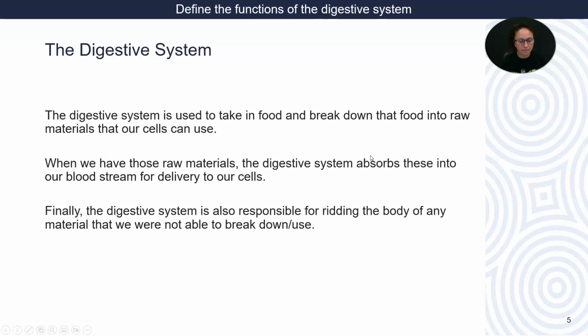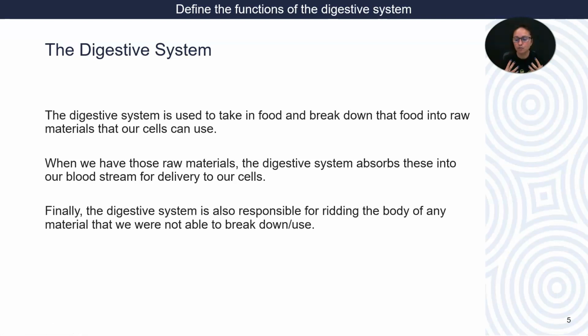Okay. Right, so let's have a bit of a think about the digestive system. What's its job? This system is designed for us to be able to take in food, so food goes into our bodies. Then this system is responsible for breaking down that food into its parts.